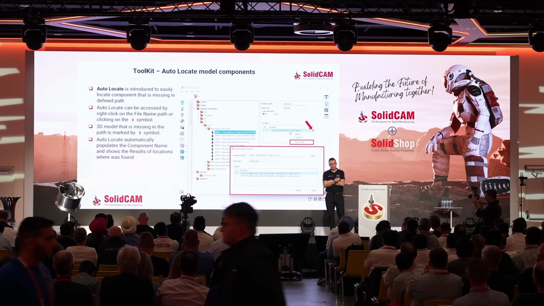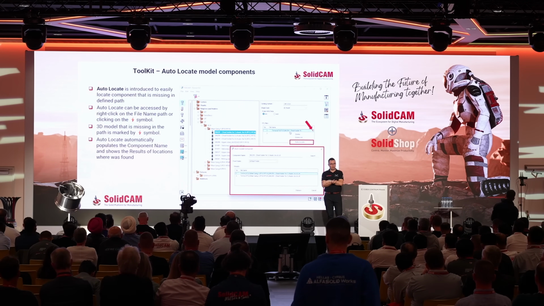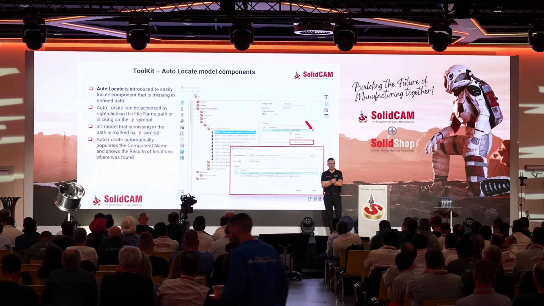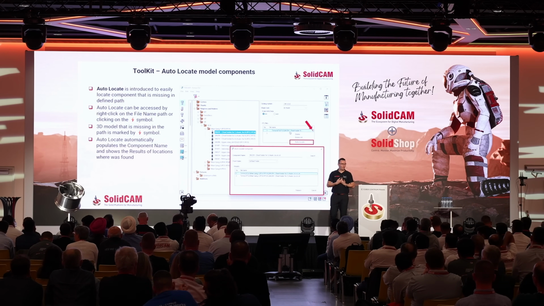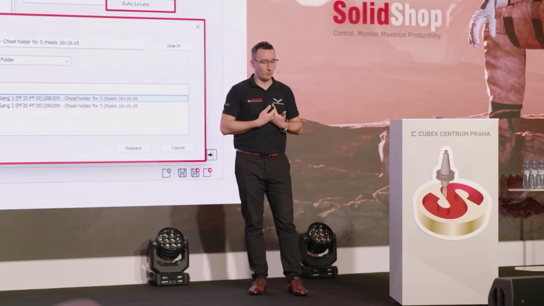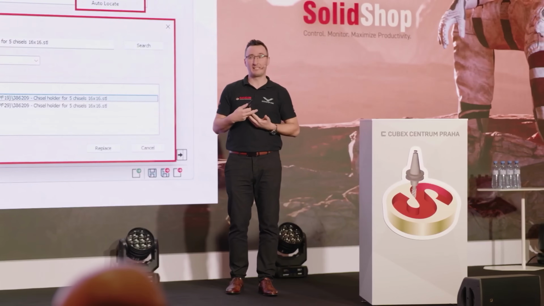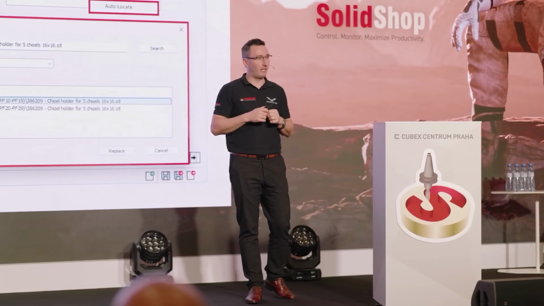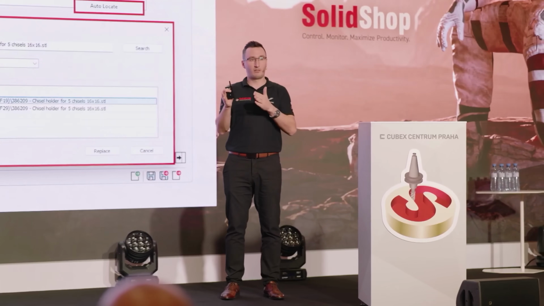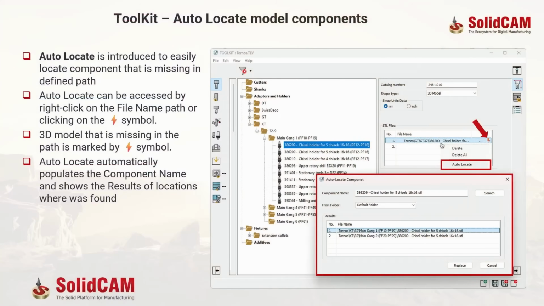In the moments when you lose the 3D model of the STL, when can this happen? Let's imagine, I'm personally using a lot of components. I predefine them, right? But sometimes I rename some file, maybe I change the folder name. So the link towards this component is gone. Now, when this link is gone, we are not going to show the 3D holder, and when we are not showing the 3D holder, we are going to mark it with this symbol.